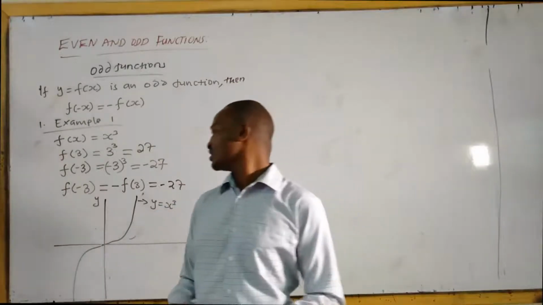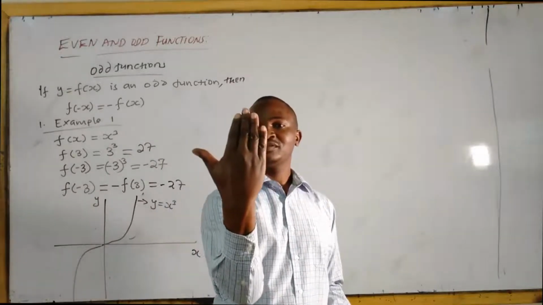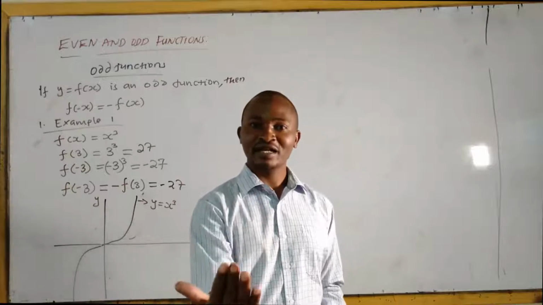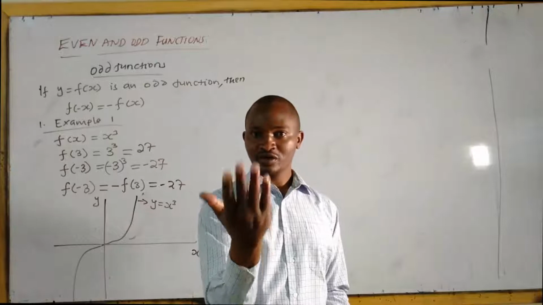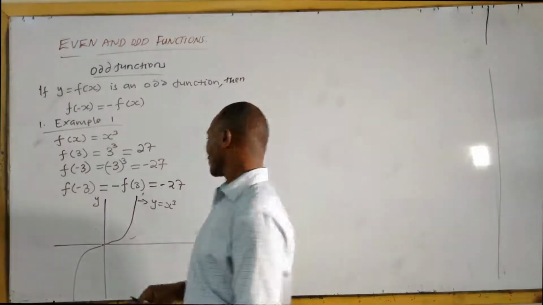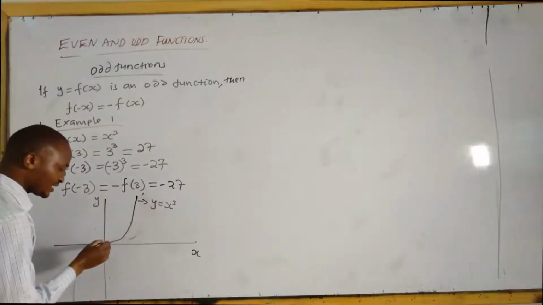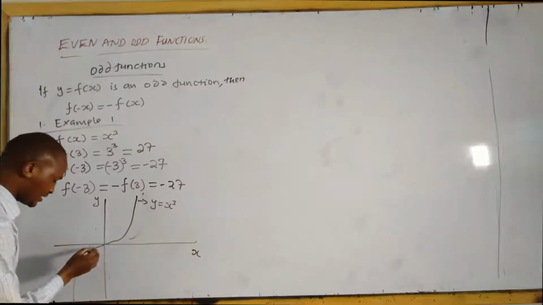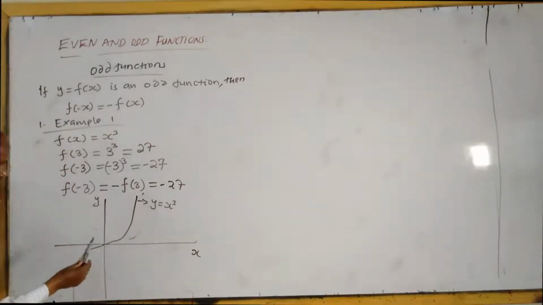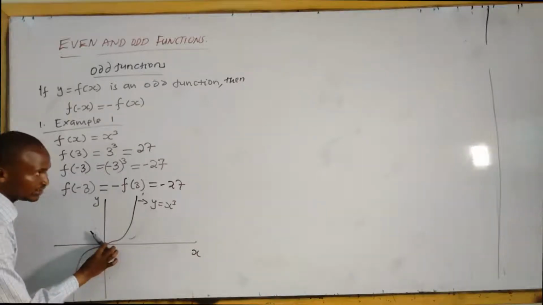That is, if you are looking at yourself in the mirror, your image will be looking at you, in the opposite direction. That's why the object here, the curve, is going up, but its image in the mirror is going down. So it is reflected, it is symmetric about the origin.